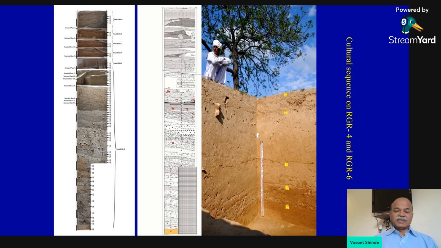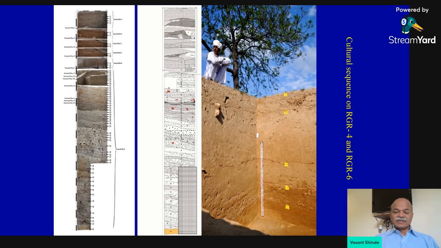In this 23-meter deposit, we have been able to understand how the culture transformed from the early levels to the mature levels, or the Harappan civilization phase. That was very well documented because we had not really understood this process properly before.